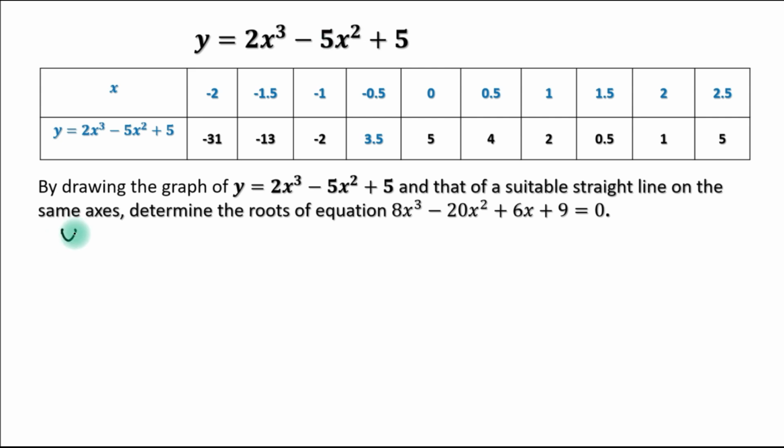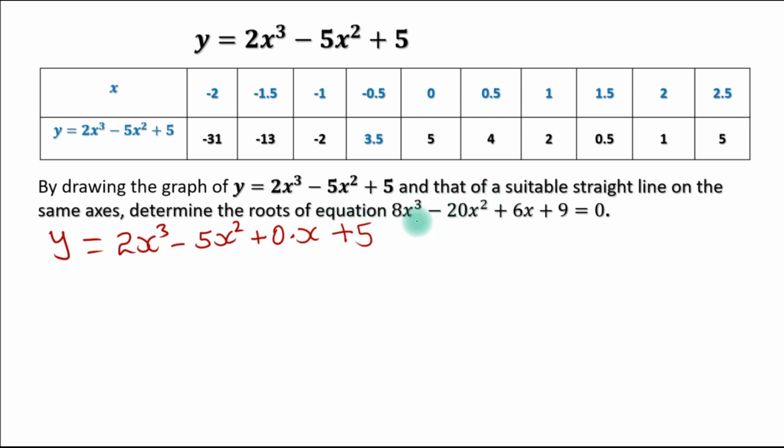So from the given graph that we drew, that is y is equal to 2x cubed minus 5x squared plus 0x plus 5, the coefficient of x being 0.